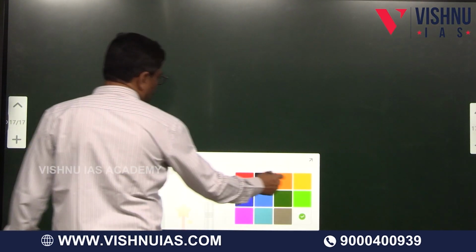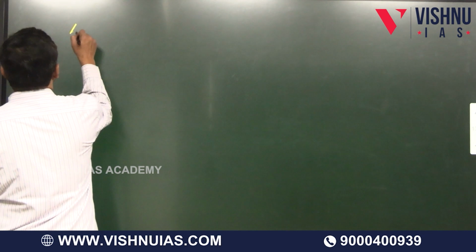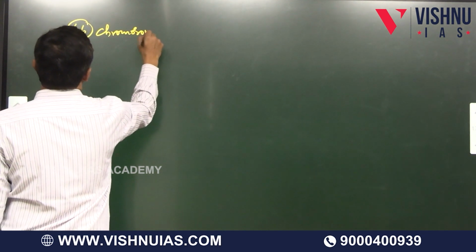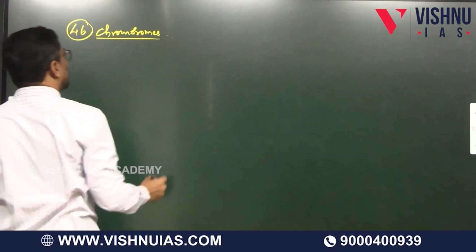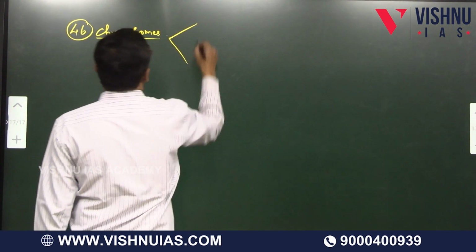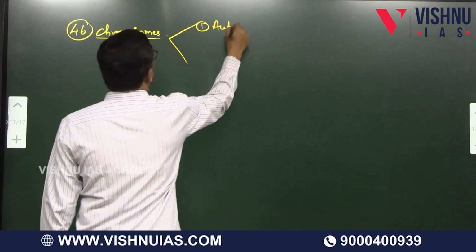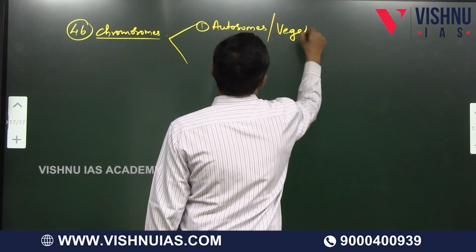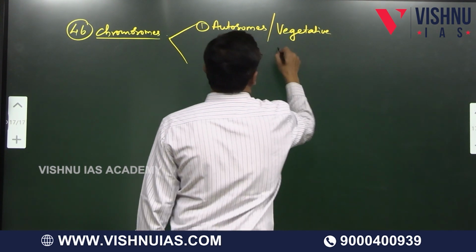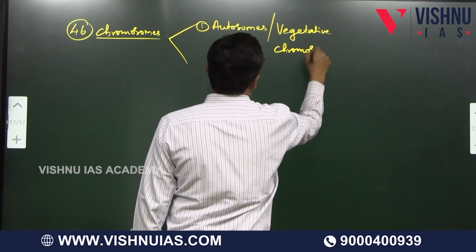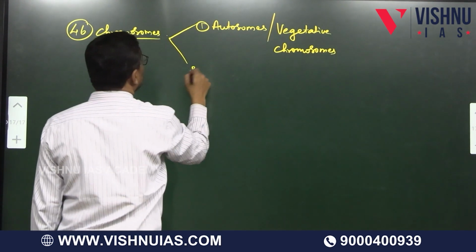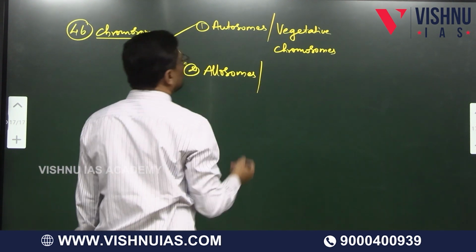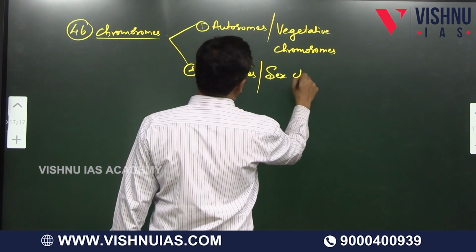And these 46 chromosomes are of two types. One is autosomes, also called vegetative chromosomes. And another category is allosomes, also called sex chromosomes.